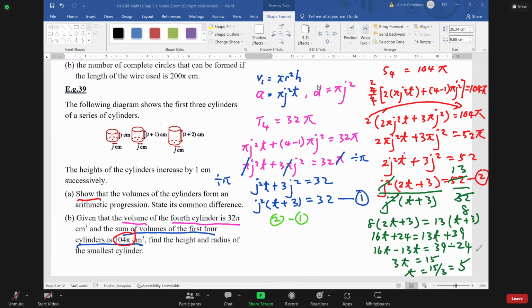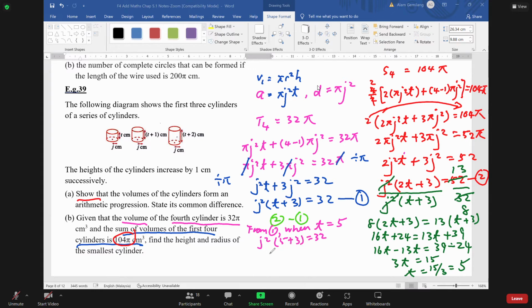any of the equations. So let's say we sub into equation 1. So from 1, when t equals 5, right? So that means j squared times (5 plus 3) equals 32.